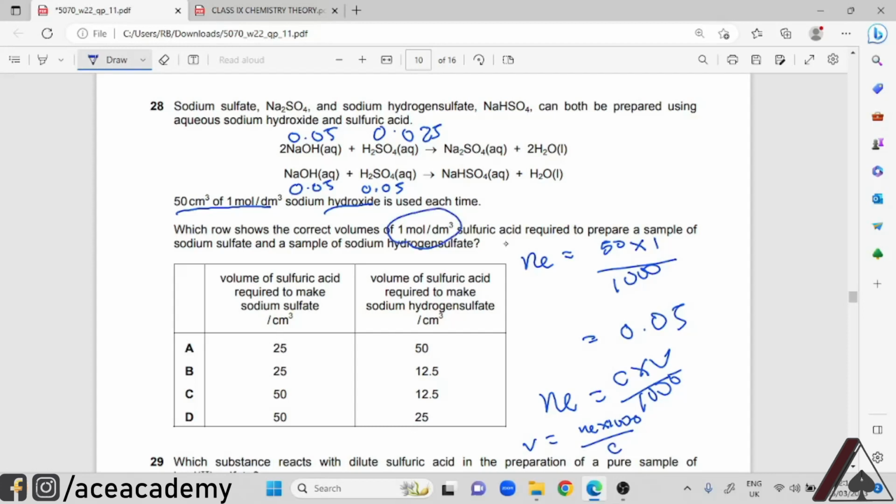So we have 25 cm cube. So for sodium sulfate we get 25 cm cube, and for sodium hydrogen sulfate we know that this is our mole 0.05, and multiplying 0.05 with 1000 and dividing it with 1 gives us 50. So option A is the answer.